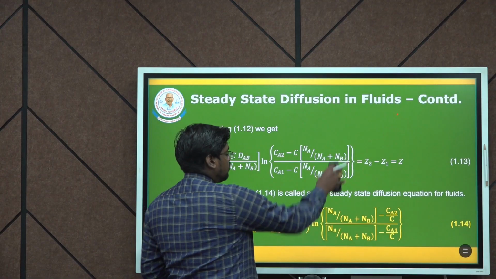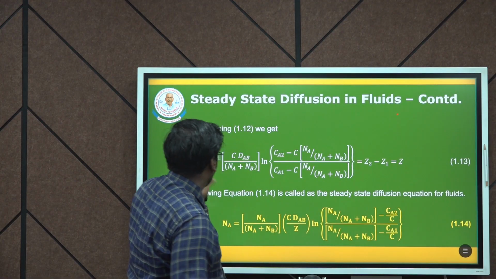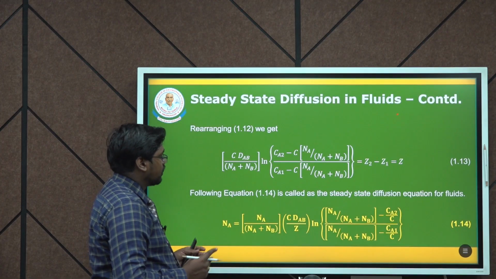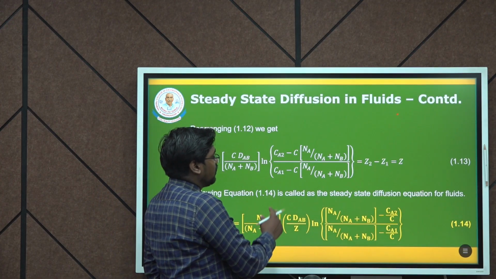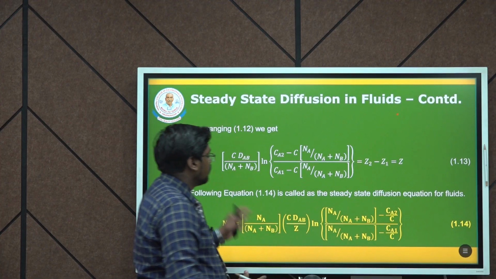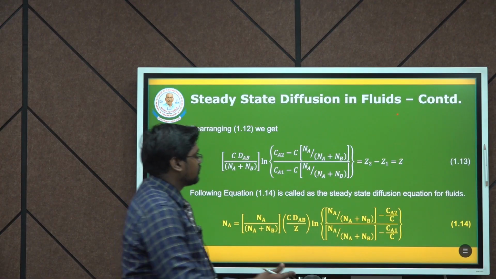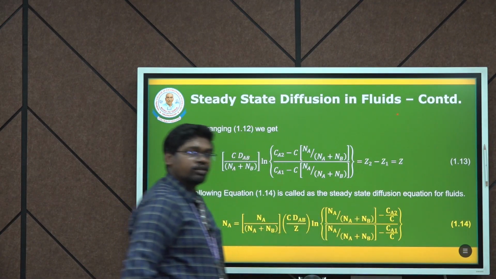Rearranging again after integrating, we will get C DAB divided by Na plus Nb into ln of Ca2 minus C into Na divided by Na plus Nb, divided by Ca1 minus C into Na divided by Na plus Nb, which is equal to Z2 minus Z1, which is equal to Z.